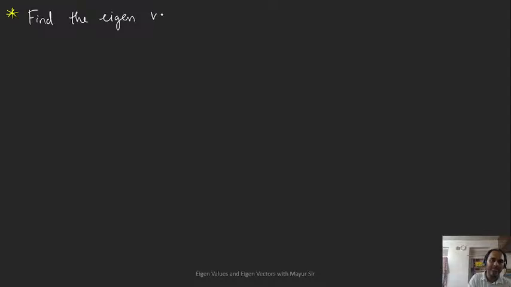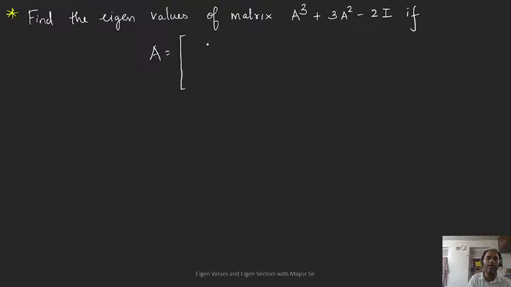Find the eigenvalues of the matrix A cube plus 3A square minus 2I, if A is equal to [2 3 1; 0 5 6; 0 0 0], I'm taking a random question from my mind.